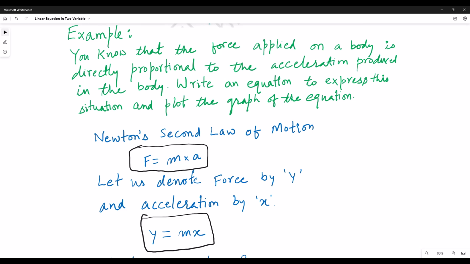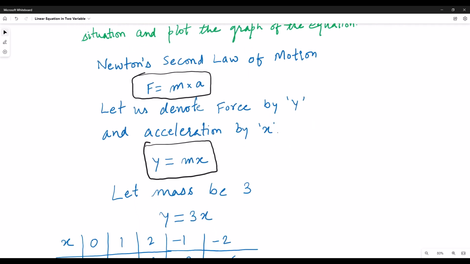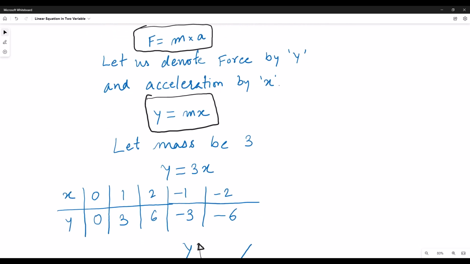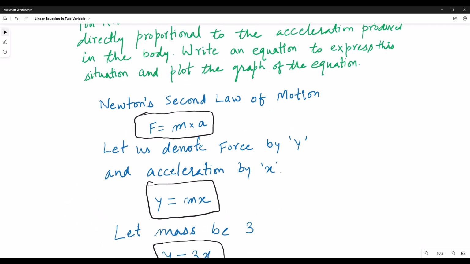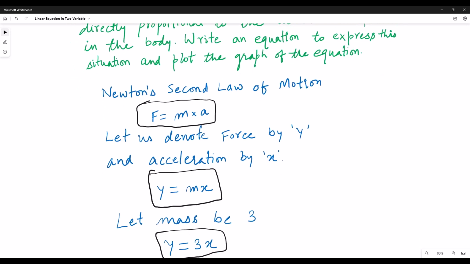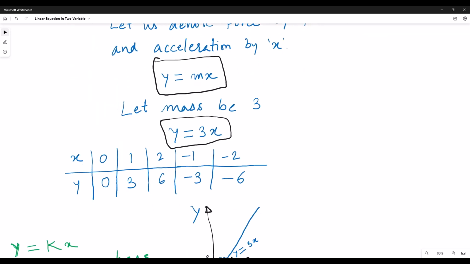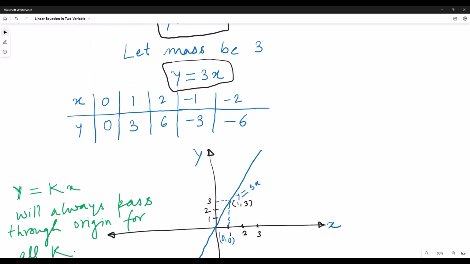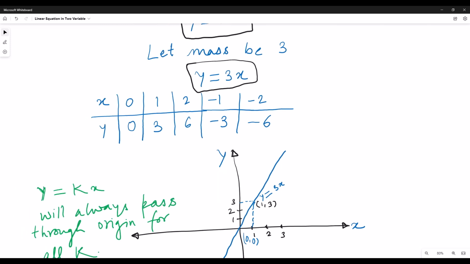Let mass be 3. If mass is 3, then y equals 3x. So for mass 3, we can plot this.